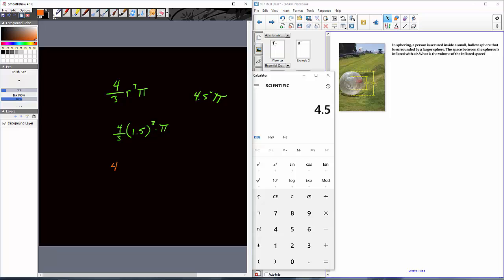So I'll have 4/3 times 1 cubed times pi. So in this case, that just equals 1 times 4, which is 4, divided by 3, right? Which is going to be 4/3 pi. And of course, 4 divided by 3 is 1.33. So I could essentially take this here and go minus 1.33 pi.